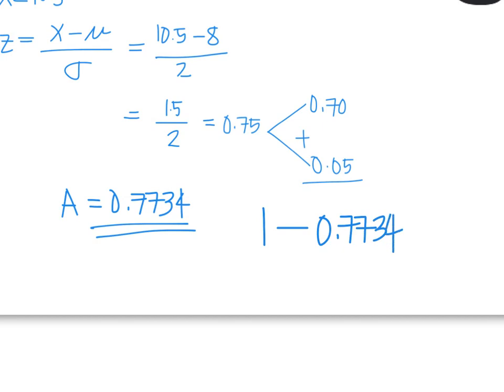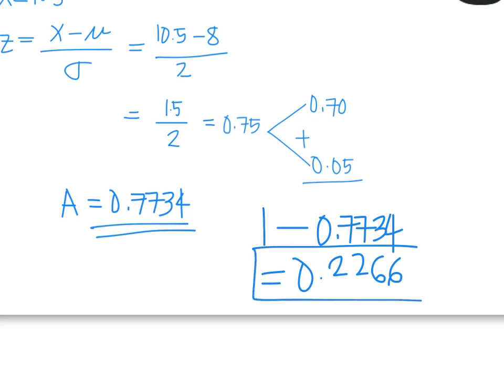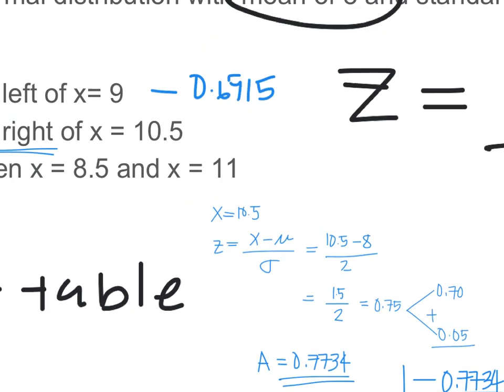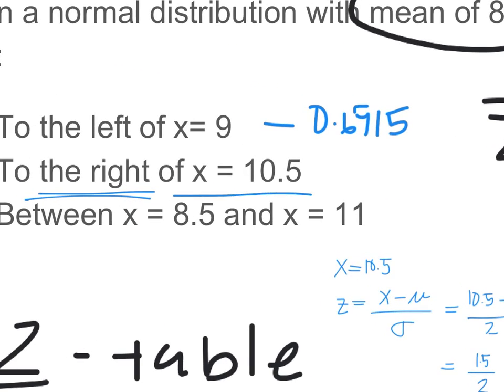If you subtract this, you will get 0.2266, and this is the area to the right corresponding to the x value equals 10.5.